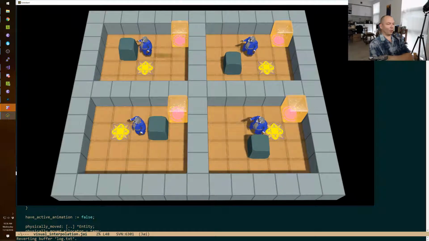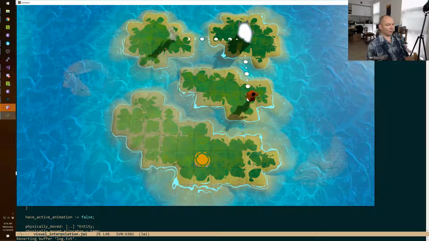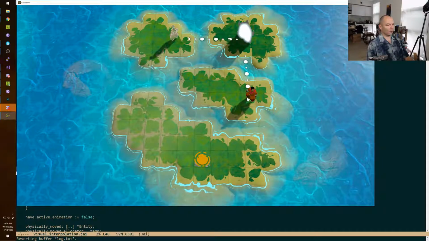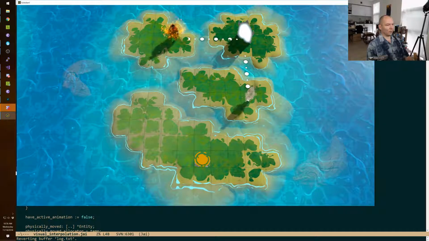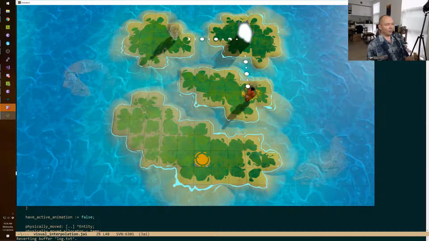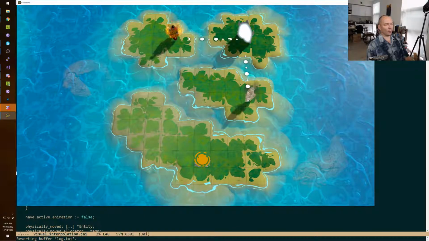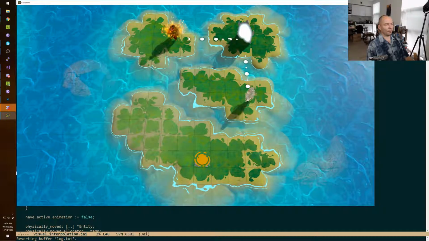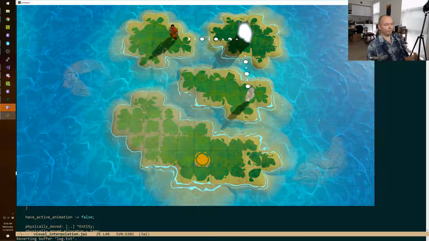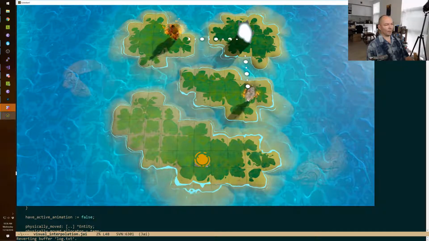Well, we just fixed every level that has a teleport in it. Let's see. Yeah, we fixed that messed up graphic. Remember that? He was kind of orientation snapping, and it's because we weren't moving him at the right time, and now we are.